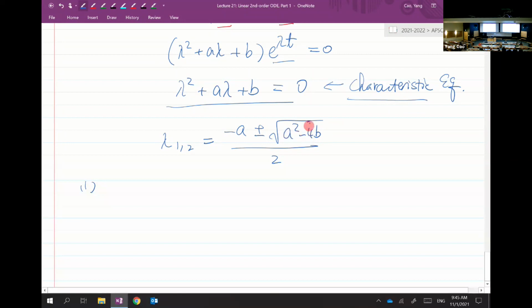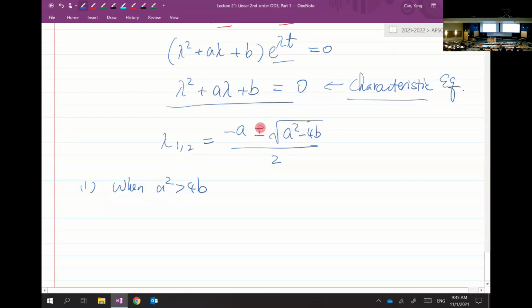So if a squared is more than 4b, then you get a number greater than 0. Square root of a number greater than 0, perfect. You use your calculator, you can get it, right?